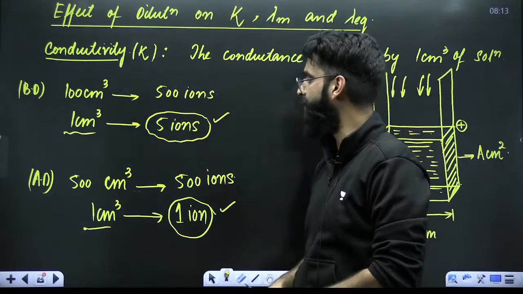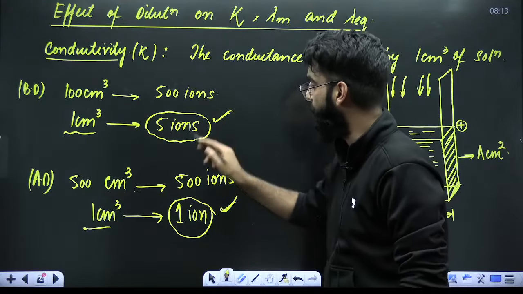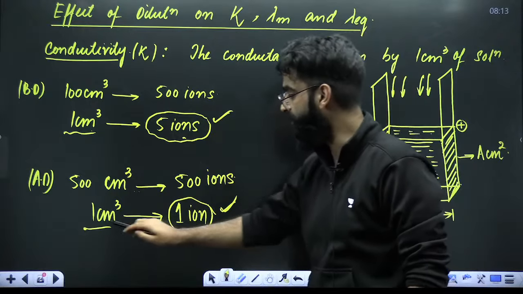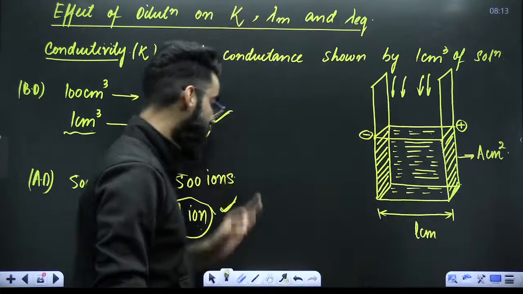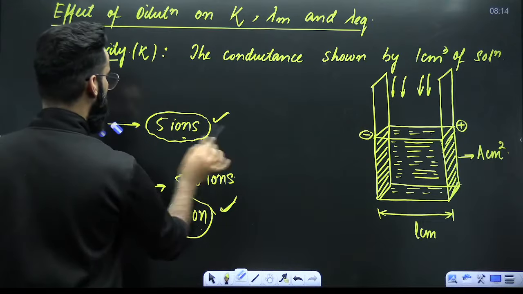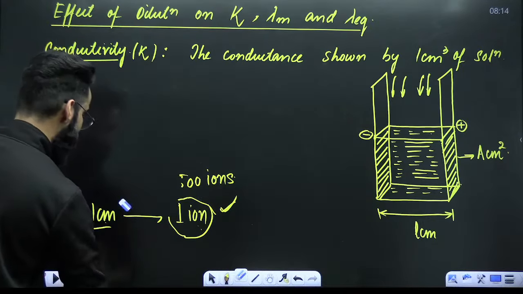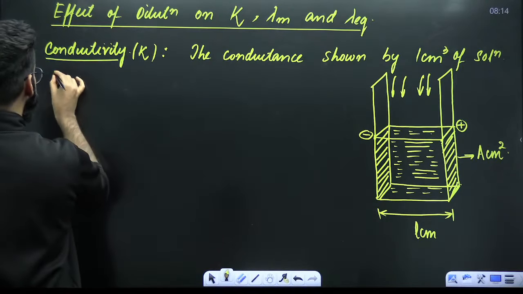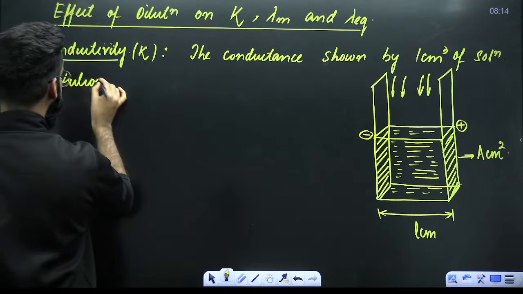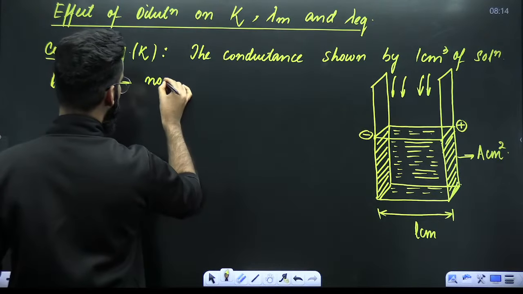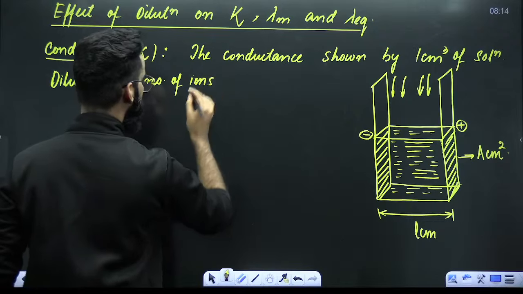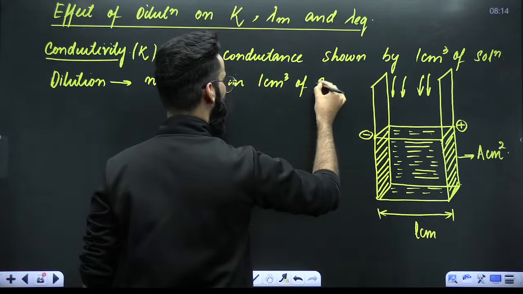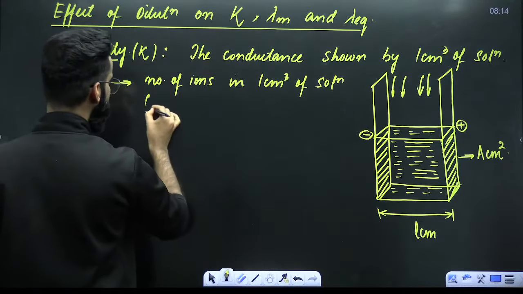So due to dilution, what is happening? Number of ions per unit volume were initially 5. And now due to dilution, number of ions per unit volume is 1. So I would say due to dilution, the number of ions in 1 centimeter cube of electrolytic solution decreases.